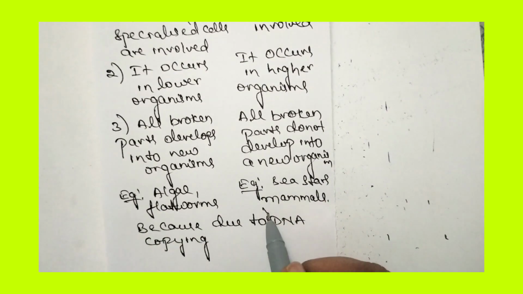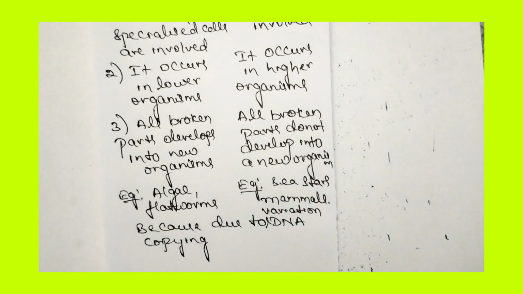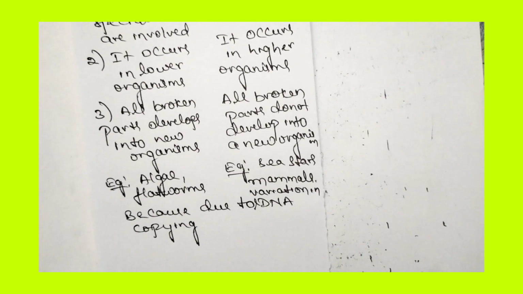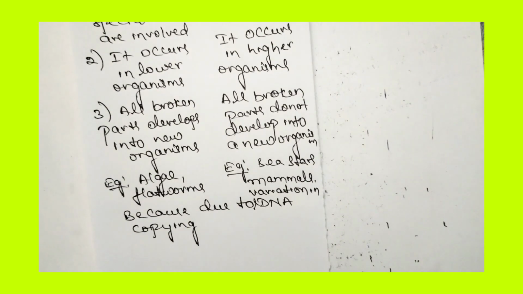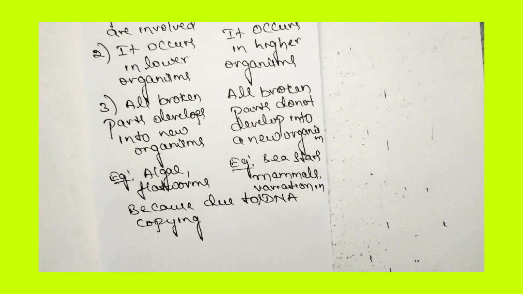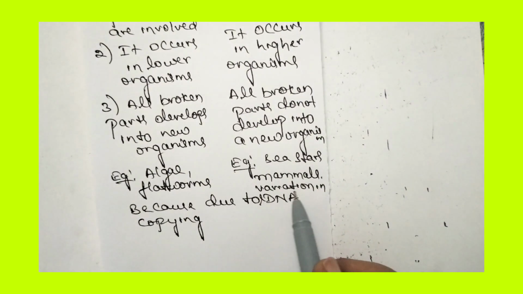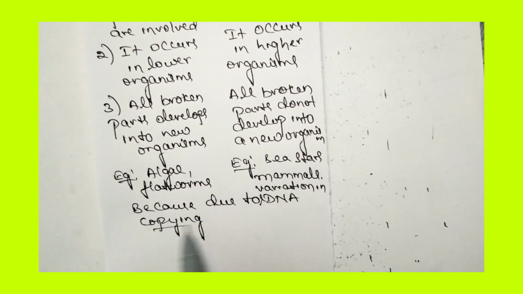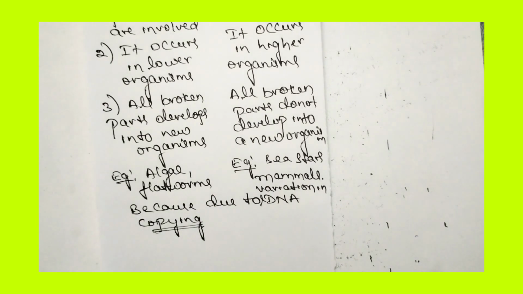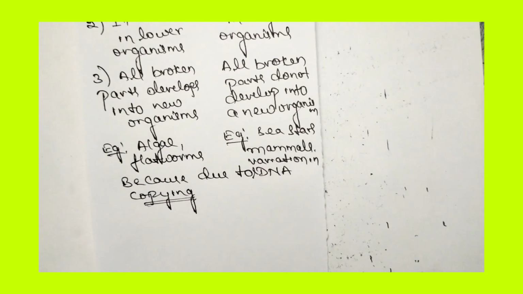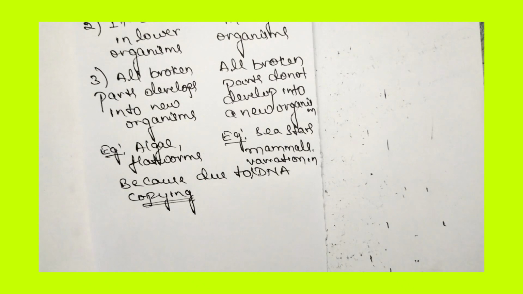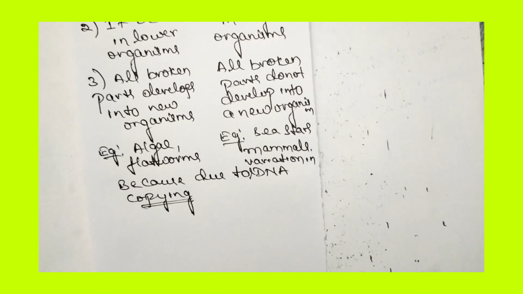Due to variation in DNA copying, it leads to accumulation of variation. So when DNA is copied, even a slight variation leads to variation.